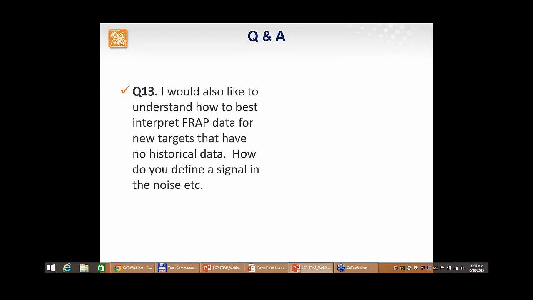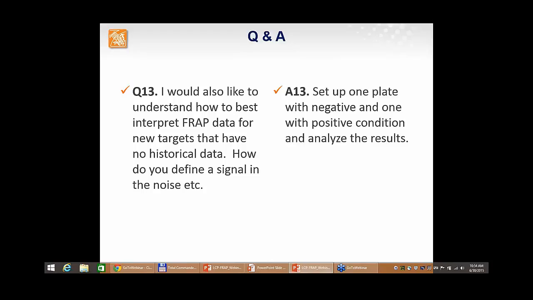Question number 13. I would also like to understand how to best interpret FRAP data for new targets that have no historical data. How do you define a signal in the noise, etc.? If you work with a new protein, you should, as I showed in one of the slides, set up one plate with a negative control, one with a positive control, and analyze the results to understand what kind of variation or fluctuations will happen in this assay.